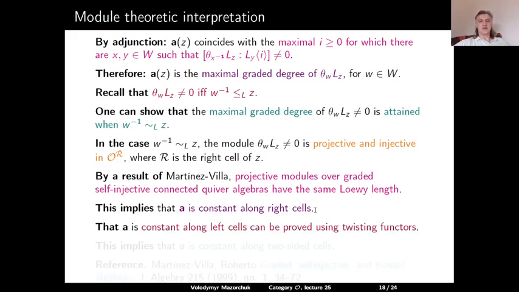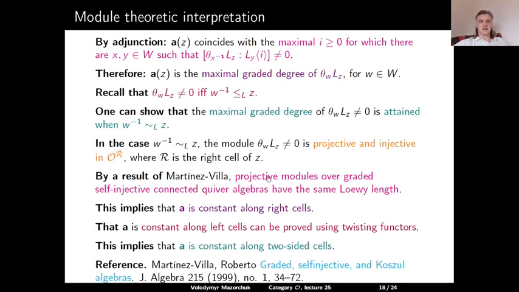And that it is constant along left cells can then be proved using, for example, twisting functors, or using the symmetry W goes to W inverse of the Kazhdan-Lusztig combinatorics. So in particular, this implies that A is constant along the two-sided cells. And when I refer to Martinez-Villa, I meant his theorem from the paper Graded Self-Injective and Koszul Algebras from 1999.